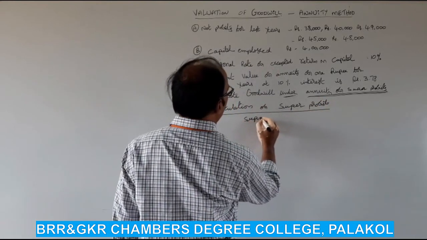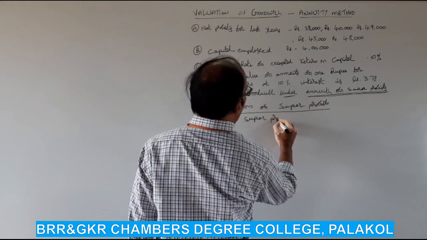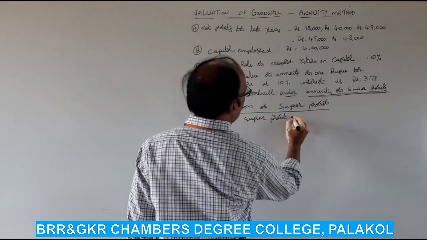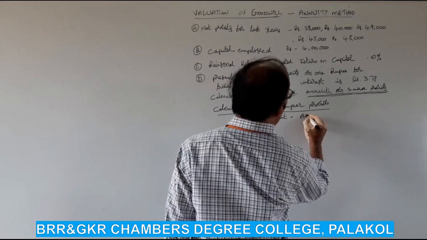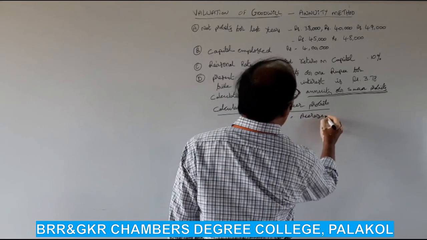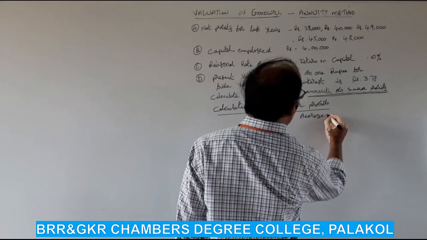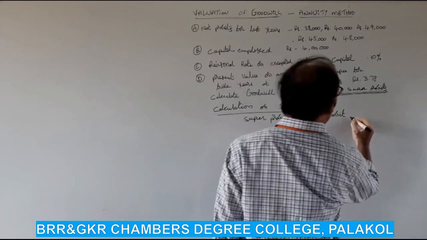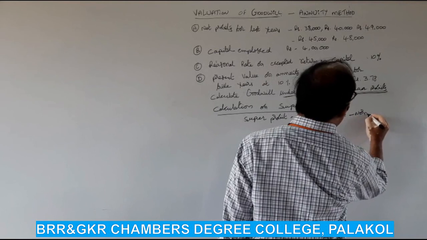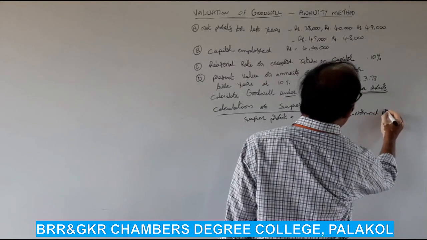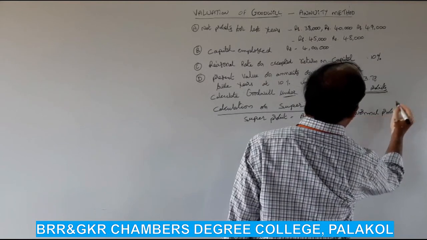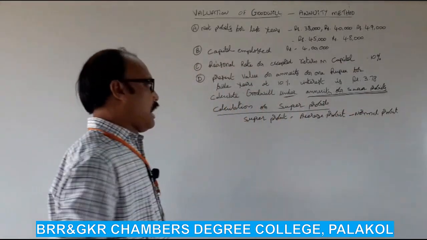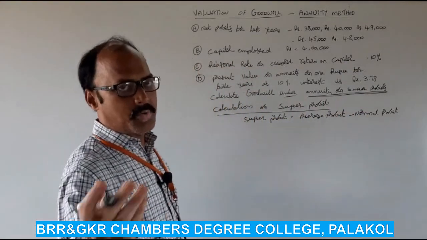You know very well. Super profit is equal to average profit minus normal profit. There is no remuneration in this problem. So average profit minus normal profit.